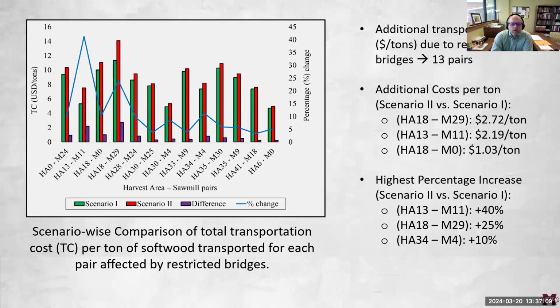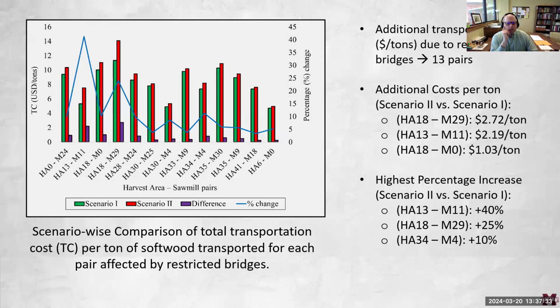You can see for HA 13 to M11, for instance, that's second to the farthest left, is around $2.19. If we look at the fourth from the left, HA 18 to M29, the increase is about $2.72 a ton.